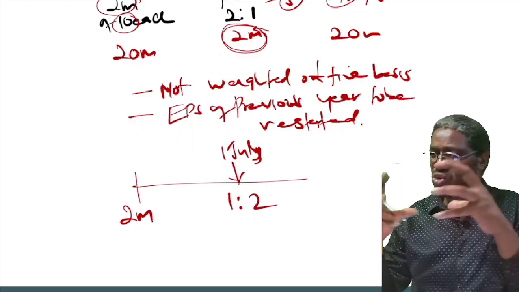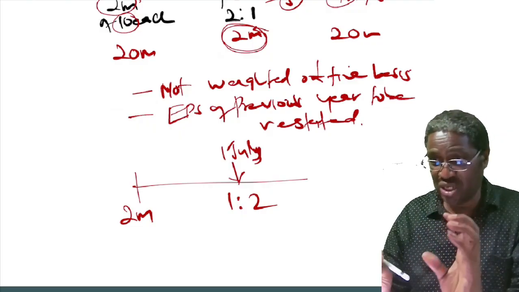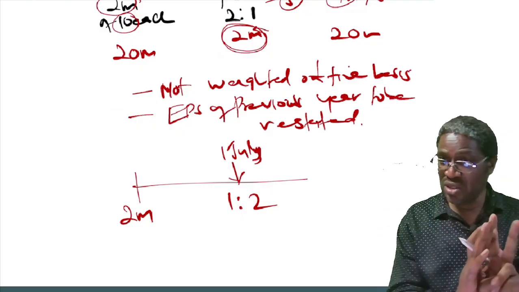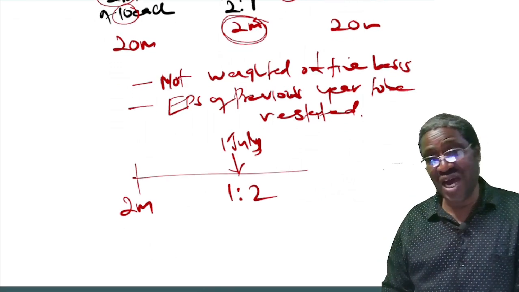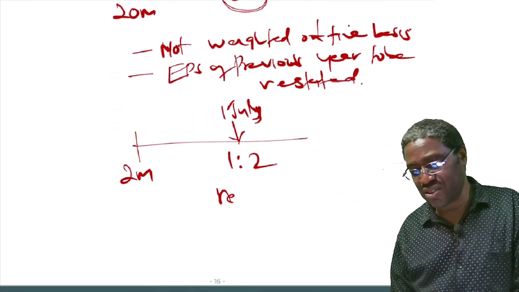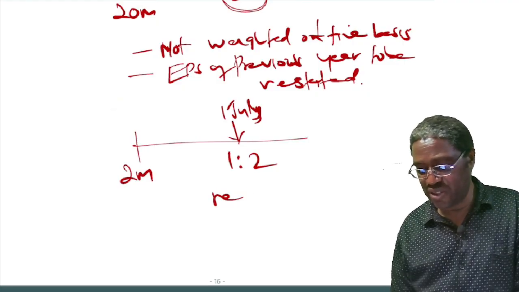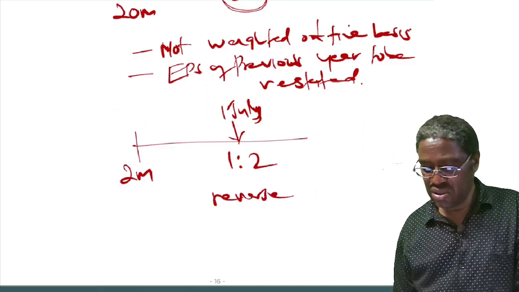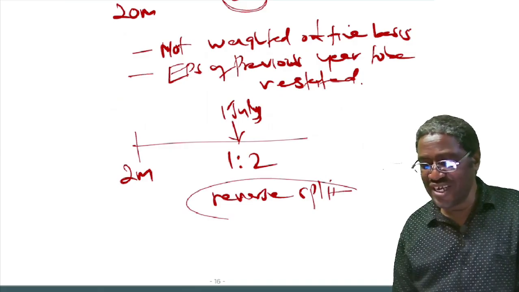So we are taking 2 shares and consolidating them as 1. We give you 1 share for every 2 of yours. We normally refer to this scenario as a reverse split, where you consolidate your shares.